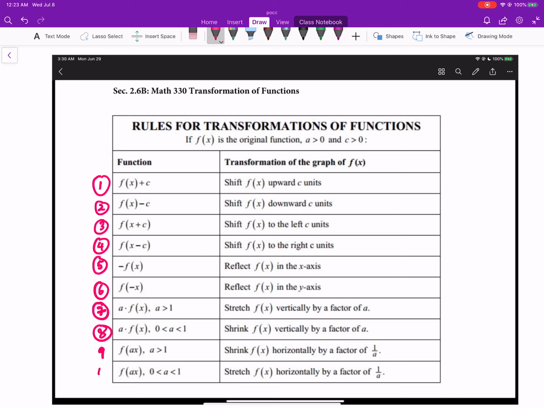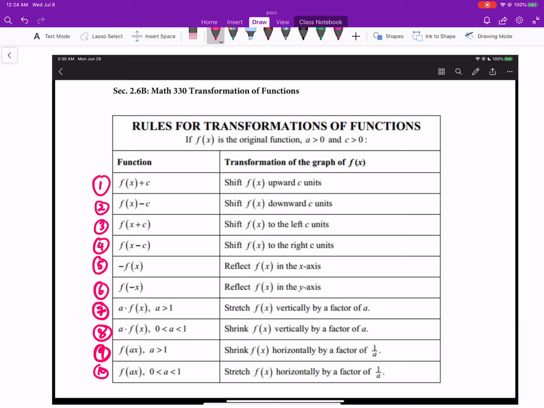Now, 9 and 10, a little bit iffy. The understanding comes from a counterintuitive way. So a multiplying the input x, if a is greater than 1, you would think on a normal level that, oh, a is going to make this function stretch.